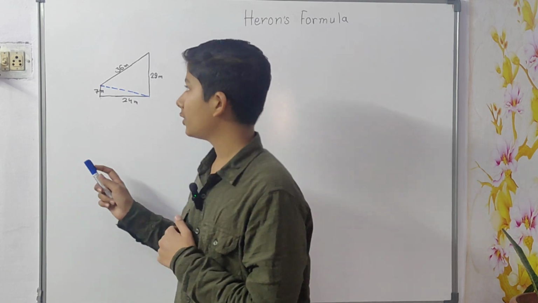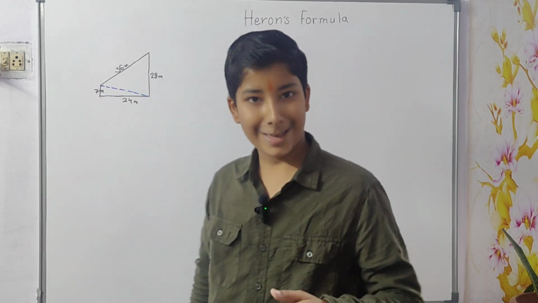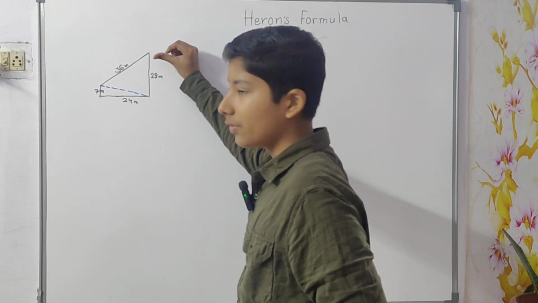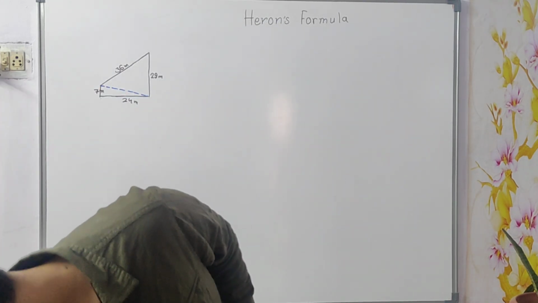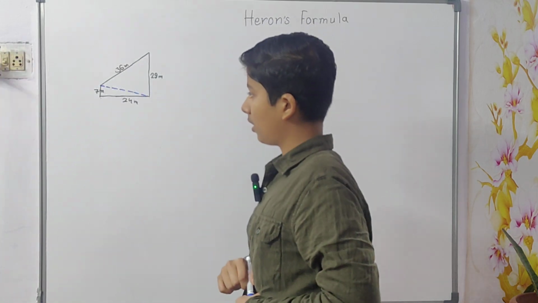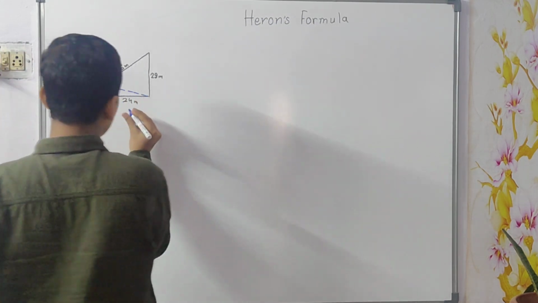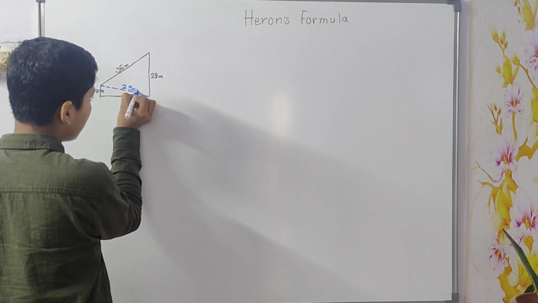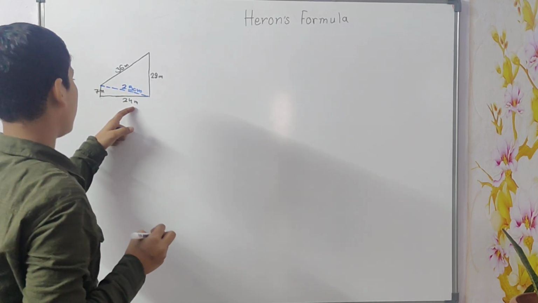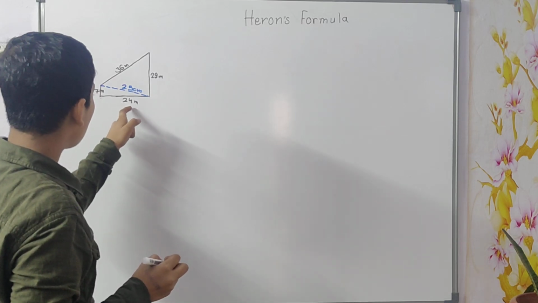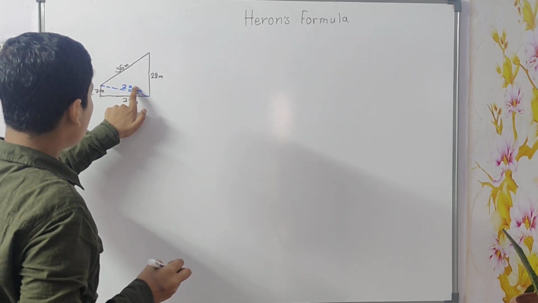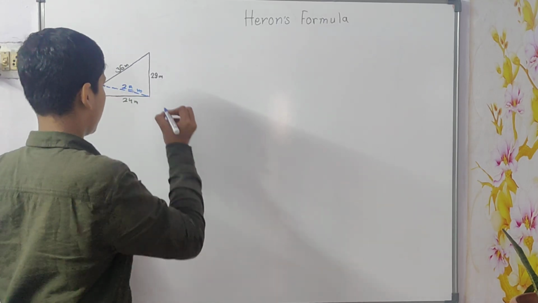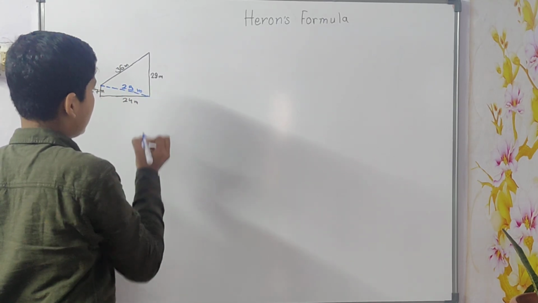Friends, in our next question, which is the same as this one, we have to again find the area. So this is 25 centimeter. This is 24 meter. This is 7 meter. So it will be 25 meter. I've written centimeter by mistake, sorry, my bad.